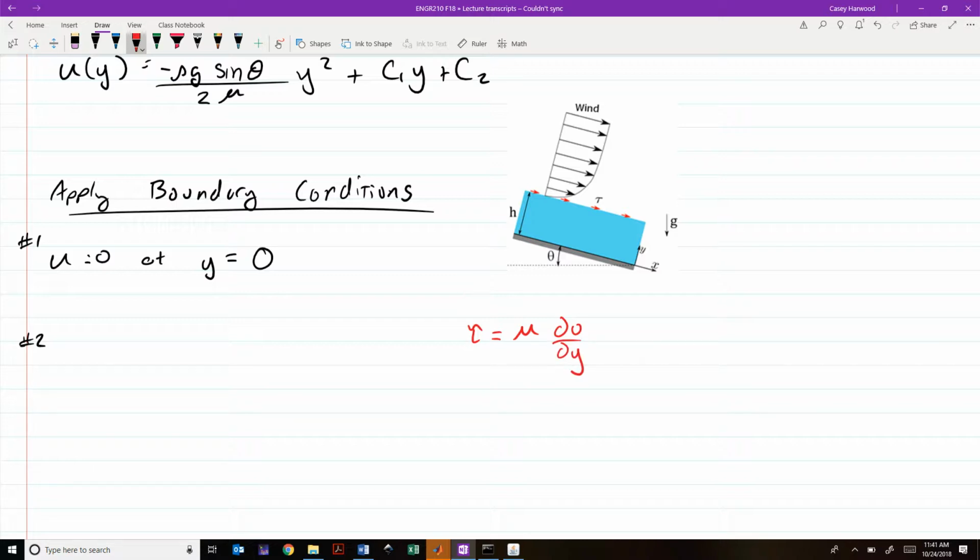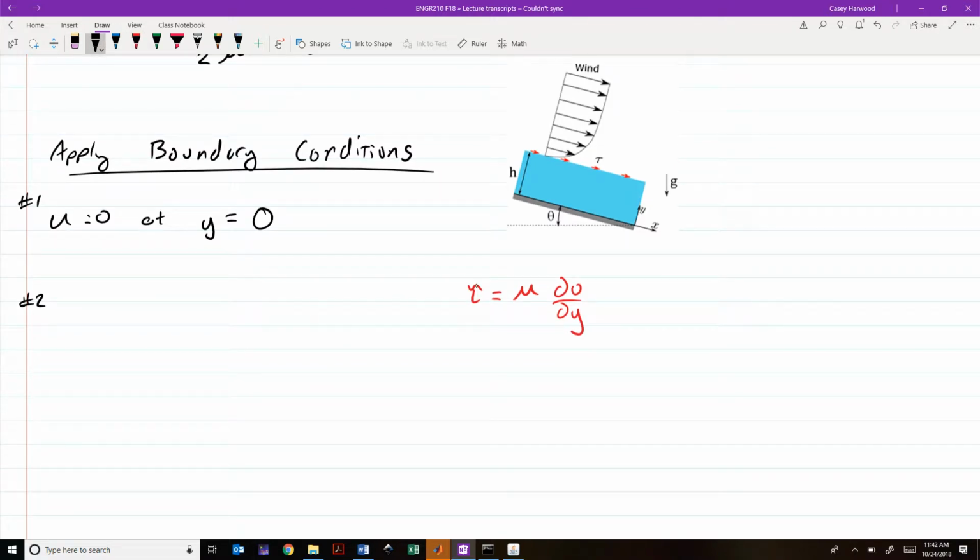So what we would write here is that mu du dy is equal to this externally imposed shear stress at y equals h.